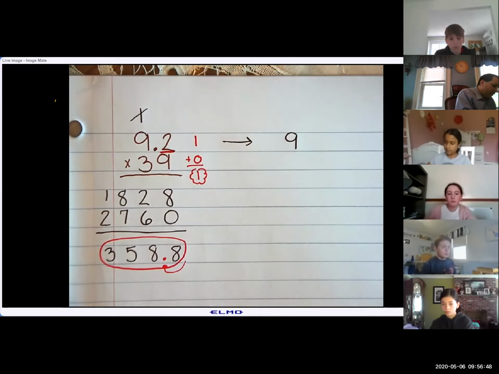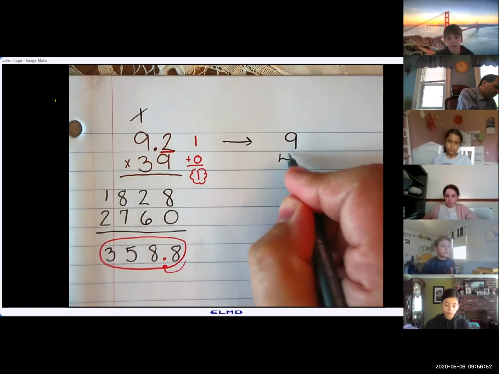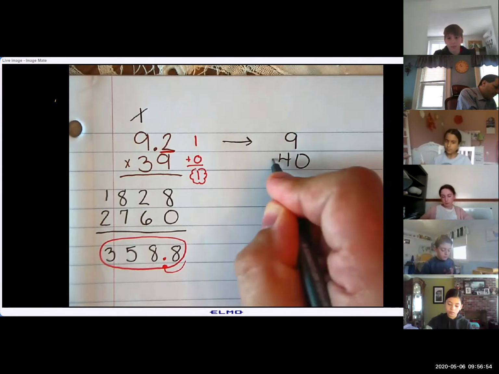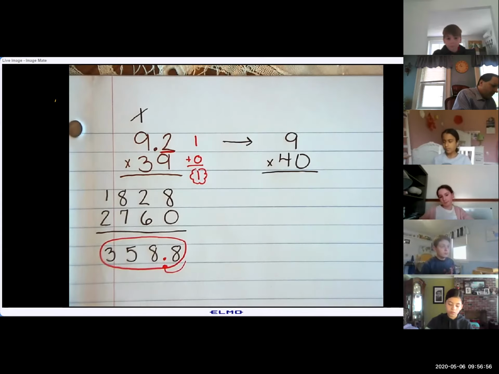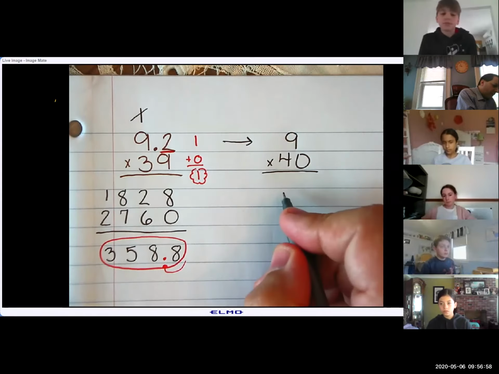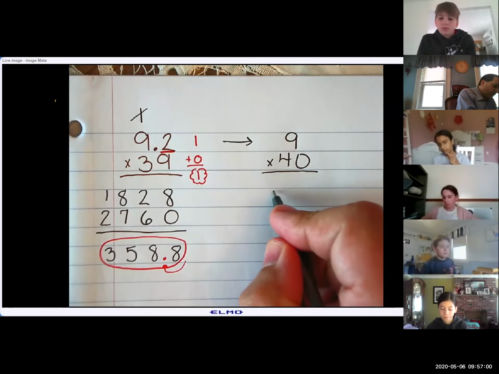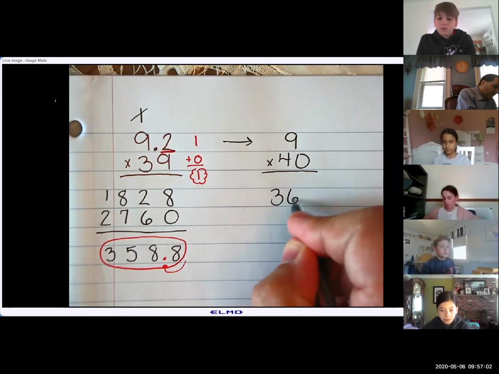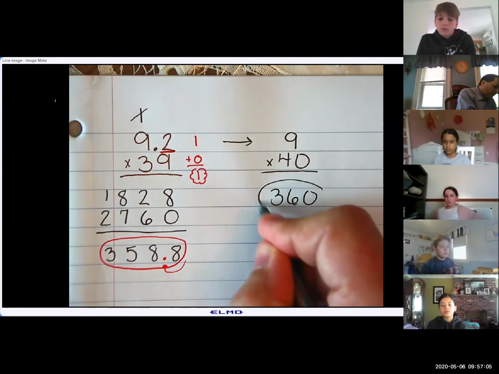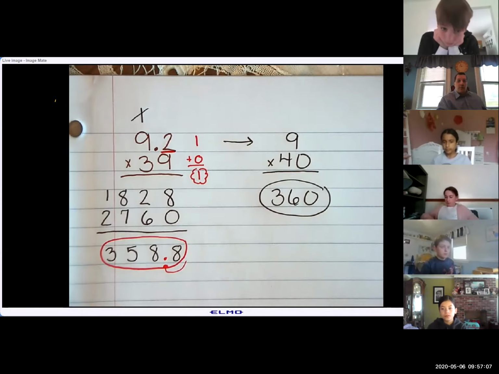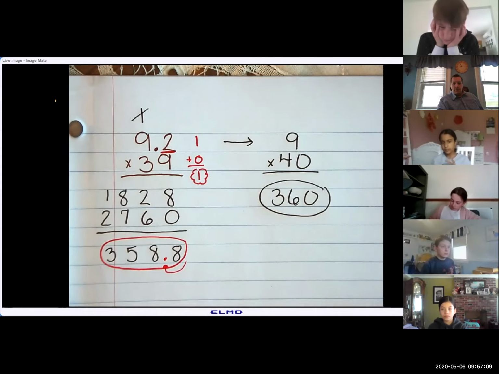You round 39 to 40. And then you multiply 9 times 40. Correct. That's what I'm looking for.